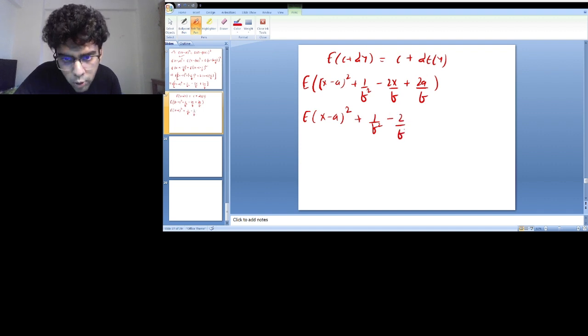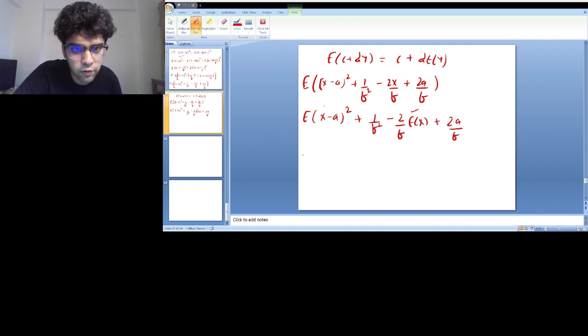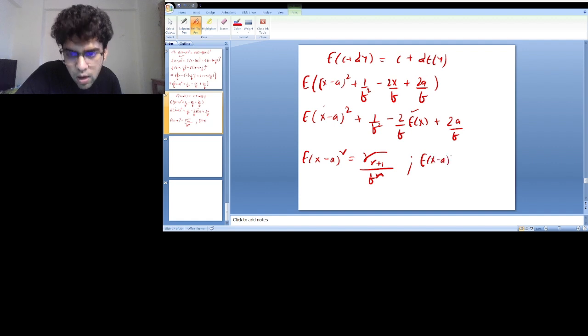Now this gives me 2 upon b, which is d here, times E(X), plus 2a upon b, which is again a constant term and so comes outside. Now we don't know the value of this. For finding E, we just found the rth moment with respect to a, which was equal to Gamma(r plus 1) upon b to the power r. So the value of E((X minus a) whole square) gives me Gamma(2 plus 1) upon b to the power 2.